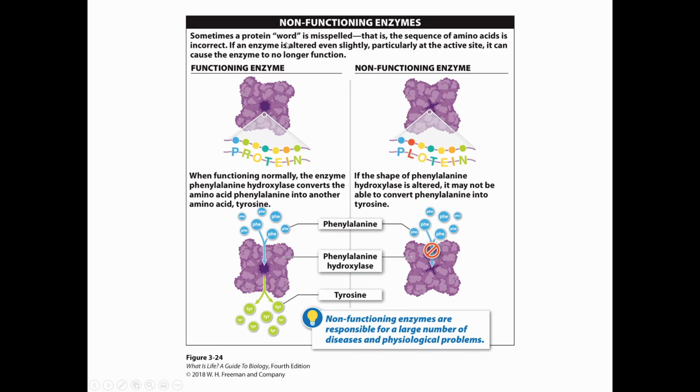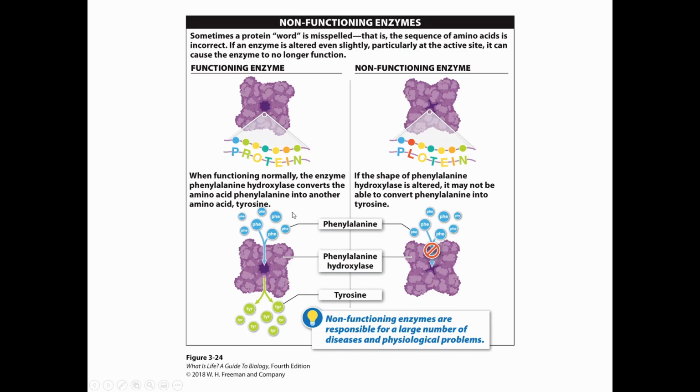So sometimes the protein is misspelled, so to speak, meaning the sequence of the amino acids is incorrect. And if we change that enzyme even in a small way, that can cause the enzyme to no longer work. So we see that here. We see that we have this normal protein functioning. It's forming this enzyme called phenylalanine hydroxylase, which takes phenylalanine and converts it to tyrosine.